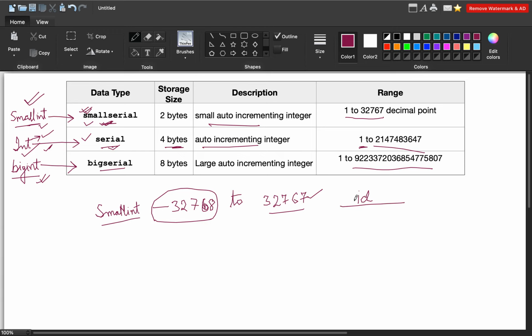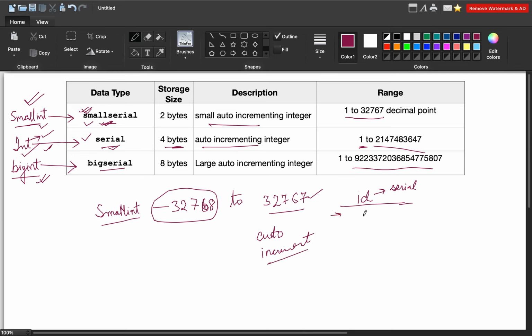If I define its data type as serial, the auto increment feature will be enabled. Enabled means you do not have to insert the value for ID.